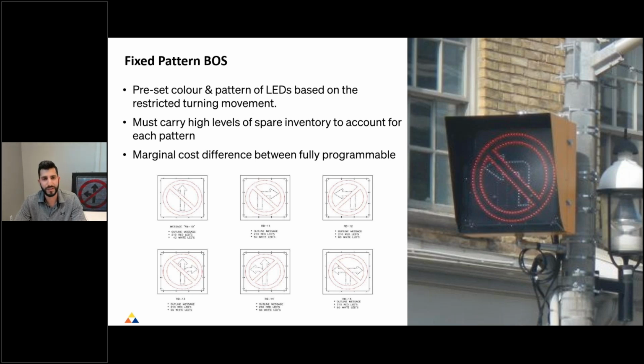That's 6 times the amount of inventory I would have, instead of carrying one digital board, which can recreate essentially any turning movement. So just right there, considering the cost difference is now marginal between a fully programmable option and a fixed board, starting your blankout sign journey with a programmable digital board will reduce your inventory requirements exponentially.